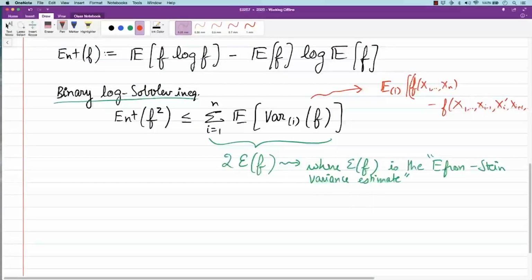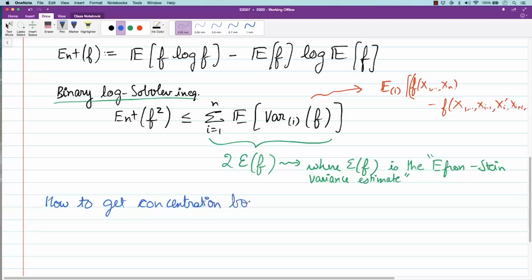Before we prove it, let's see how to get concentration bounds from the binary log-Sobolev inequality.